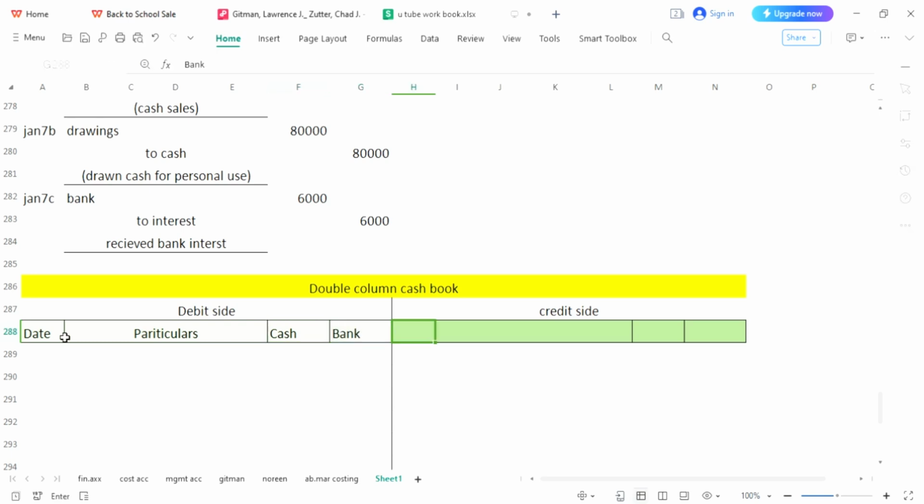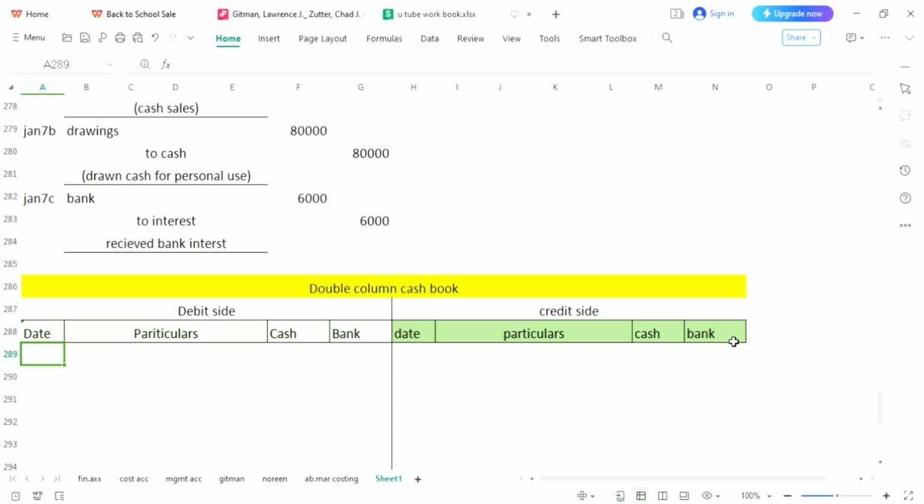Please note it down. This is your left side, that means debit side, and then again your date, particulars, cash and bank. As you can see, cash is present on the left side, on the debit side, and cash is present on the credit side as well. At the same time, bank is also present on the debit side and bank is present on the credit side as well.